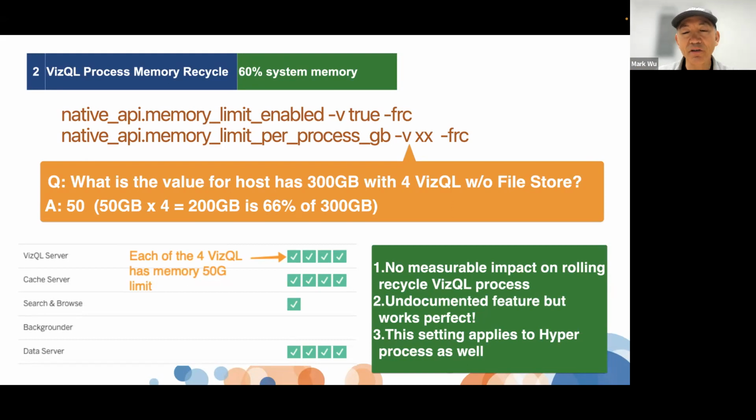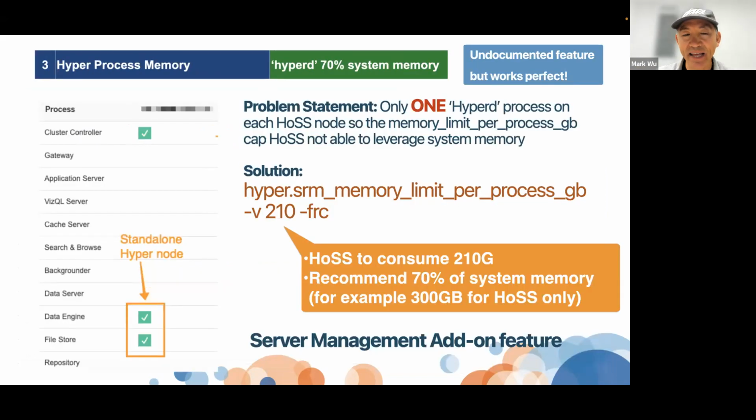This setting also applies to the Hyper process. If you have a server management add-on, like what I have, and also have a standalone Hyper node, the setting at number 2 above, the VizQL process memory, will also apply to this Hyper memory, and that can be a problem.